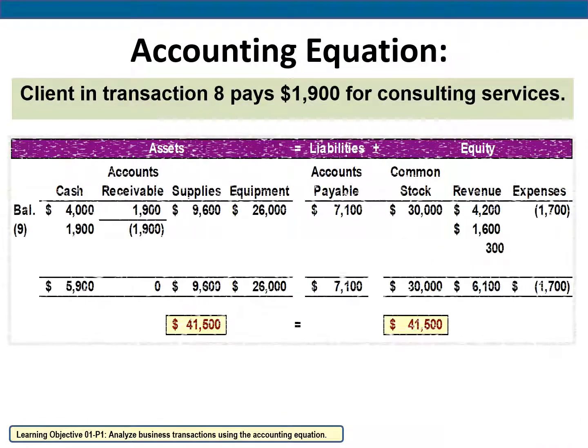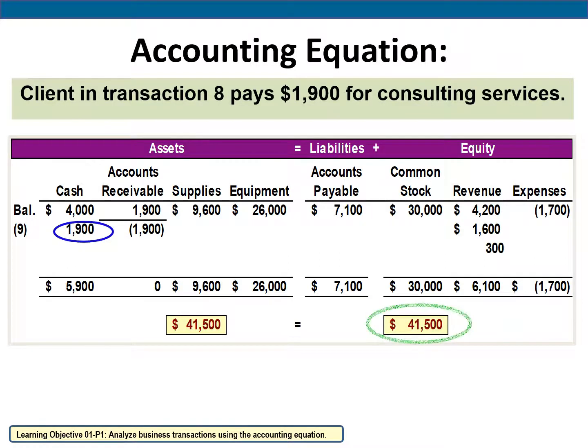So if we look at that transaction in the form of the accounting equation, you have your cash that you're receiving of $1,900. Your accounts receivable is decreasing by $1,900. So your total assets aren't changing. The balance is just basically moving from one account to the other. And your accounting equation is still in balance.